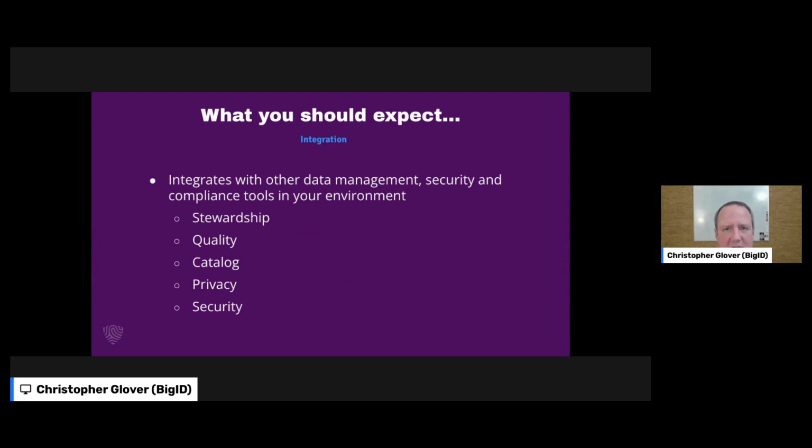Stewards are going to be the ones that validate that the machines were correct in their assumptions and their inferences. And they're also going to fill in those gaps, being the SMEs or talking to SMEs in the environment to fill in the rest of the gaps of your lineage. So lineage should absolutely be plugged into your stewardship process.